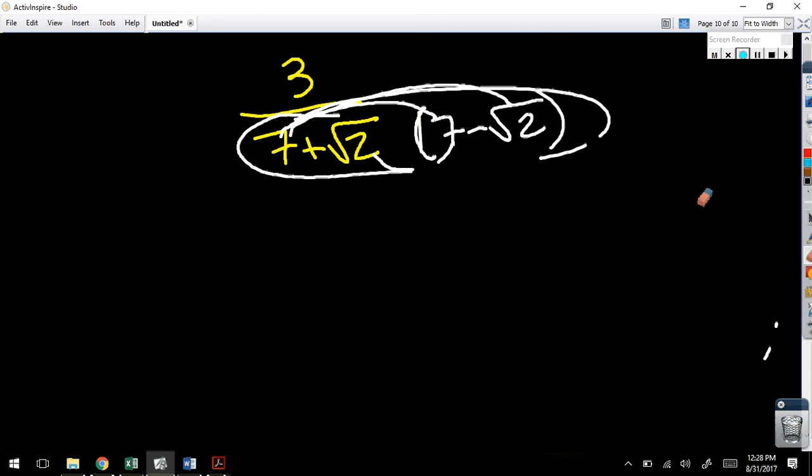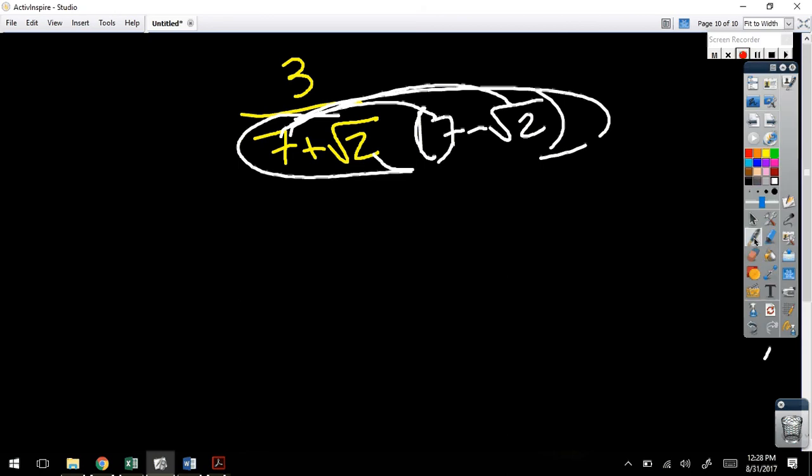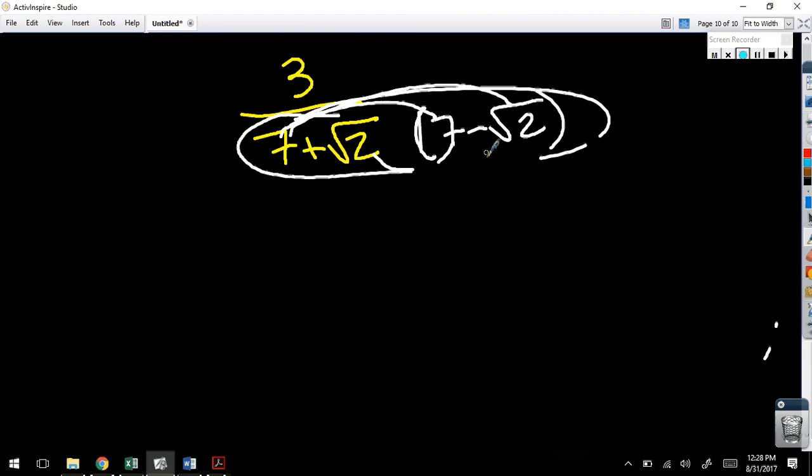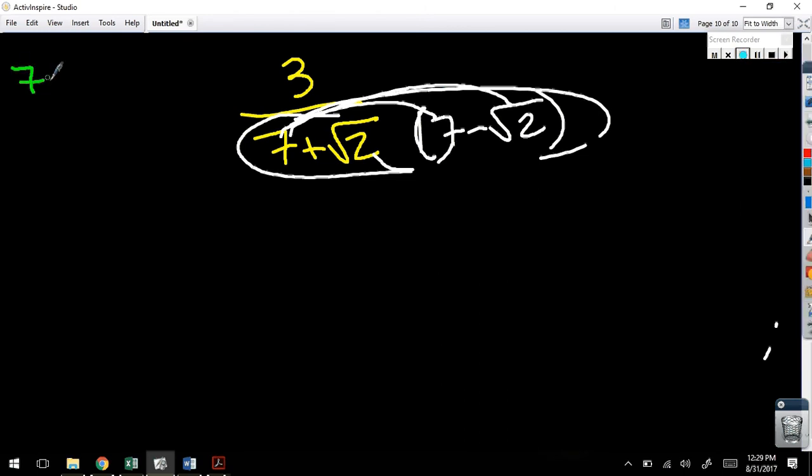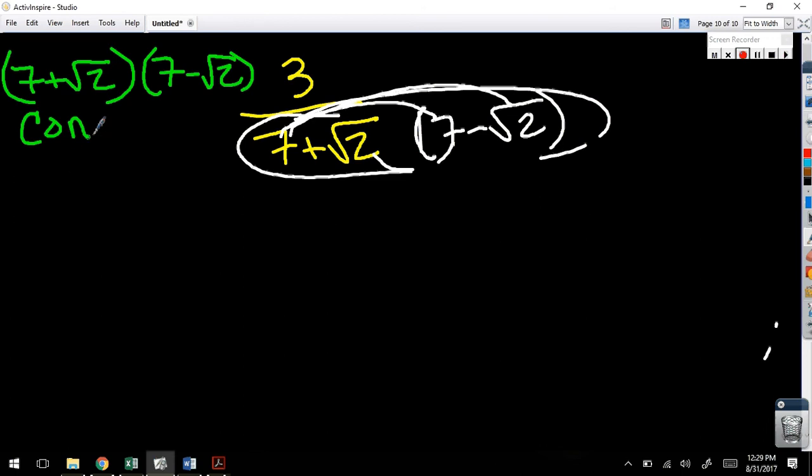But what I do want you to see is here, whenever I change the sign in the middle, it makes those radicals go away, okay? That is what we call, whenever I have something like 7 plus root 2 and 7 minus root 2, those are called conjugates.